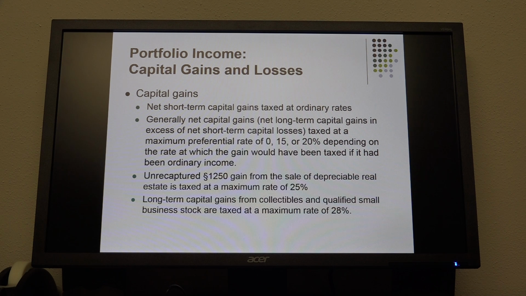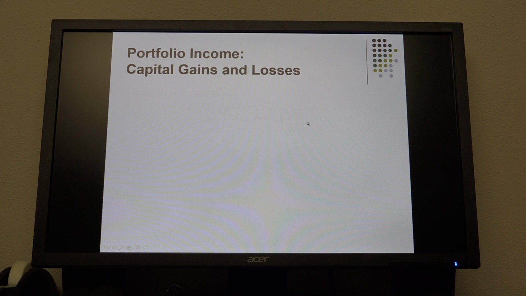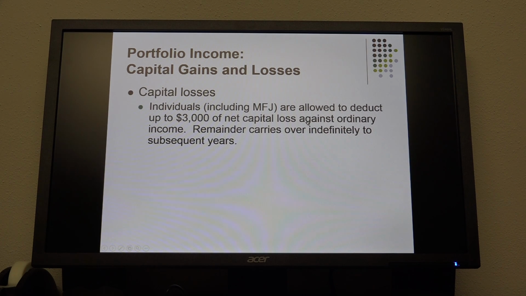And that net capital gain is what's taxed at this preferential rate of either 0, 15, or 20%. Now I'm going to try to keep this pretty basic. They talk about other rates, that's for collectibles and stuff like that, so we're not going to get into that.